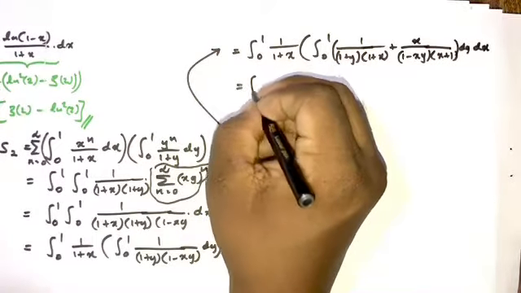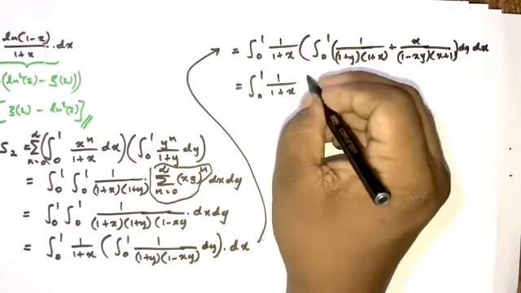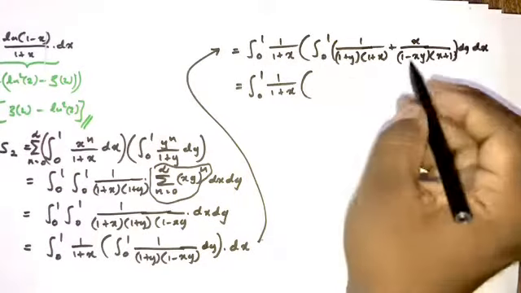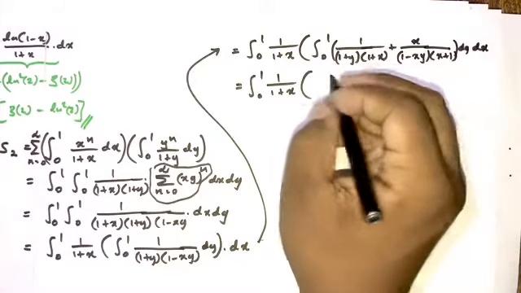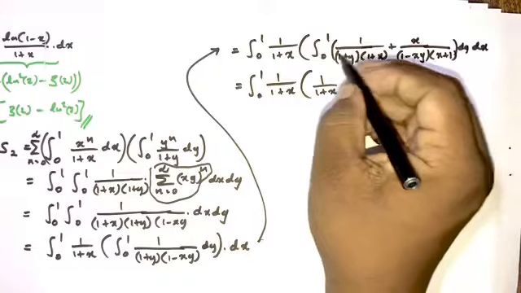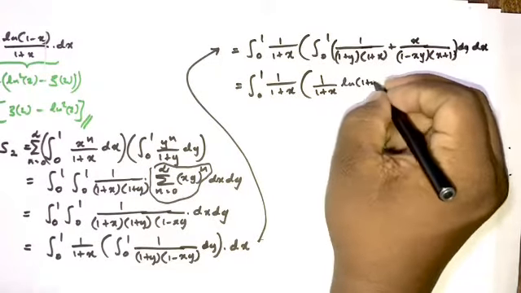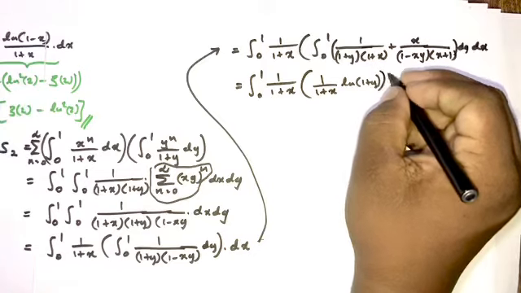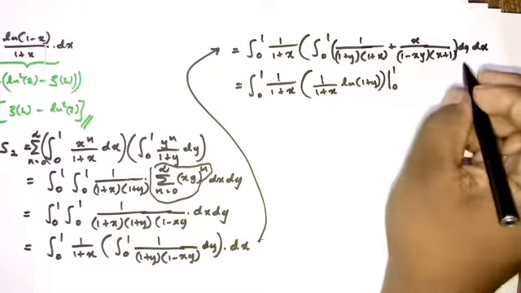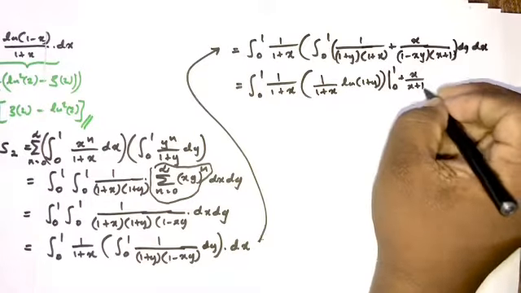Okay, then now the integral from 0 to 1 of 1 over 1 plus x, and 1 plus x is a constant with respect to y. Now the integration of 1 over 1 plus y gives natural log of 1 plus y from 0 to 1, and x over x plus 1 is a constant.